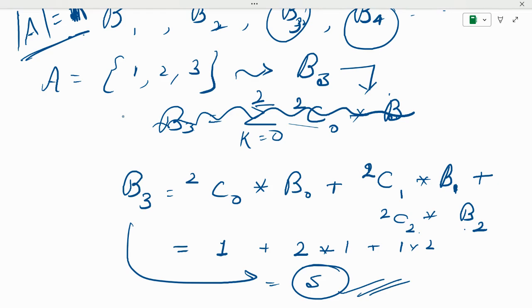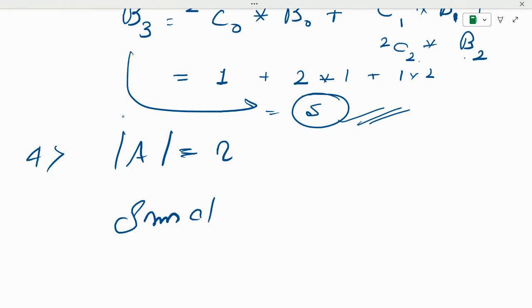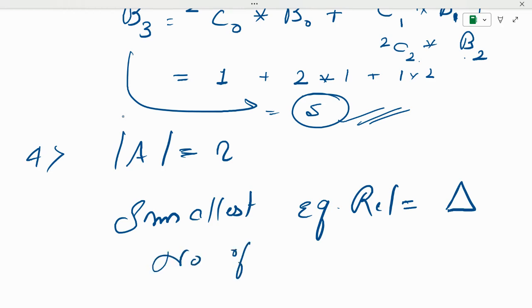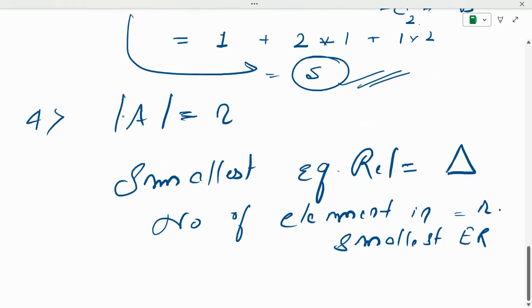The next result: if the cardinality of A is n, the smallest equivalence relation on A is delta, that is {(1,1), (2,2), (3,3), ..., (n,n)}, and the number of elements in the smallest equivalence relation will be equal to n, because for each element we are performing the delta operation.